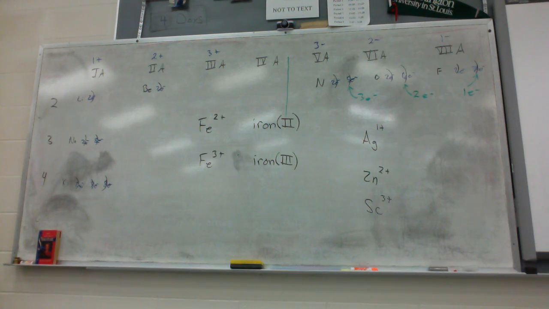Their names don't get Roman numerals because they only form one ion. You just happen to have to know what that charge is. Silver is always a 1 plus ion, zinc's always a 2 plus, scandium's always a 3 plus. But wait, there's more. If there's exceptions to the transition metal rule, then there's probably an exception to the representative element. And there are 2, which we'll cover tomorrow.